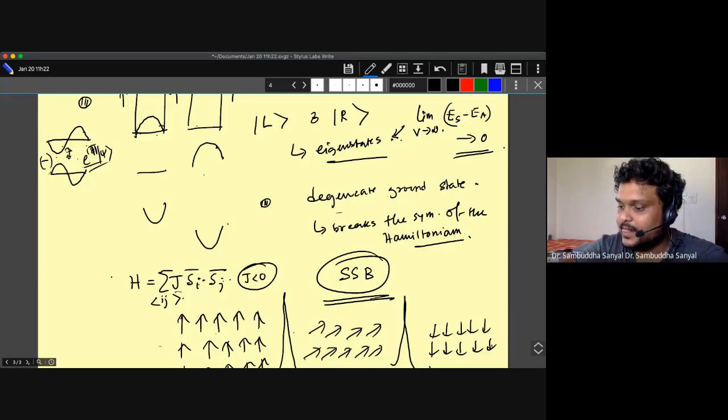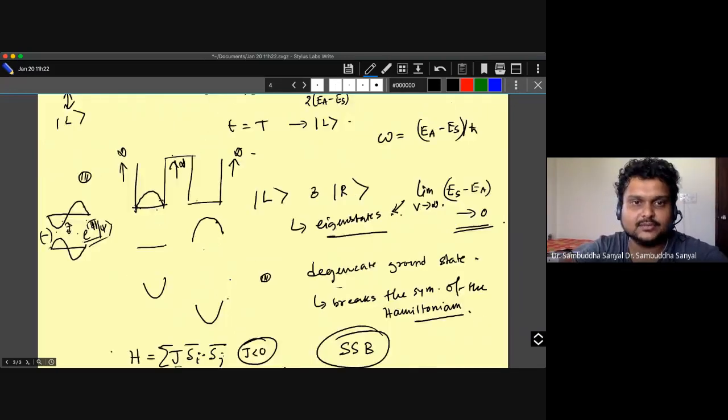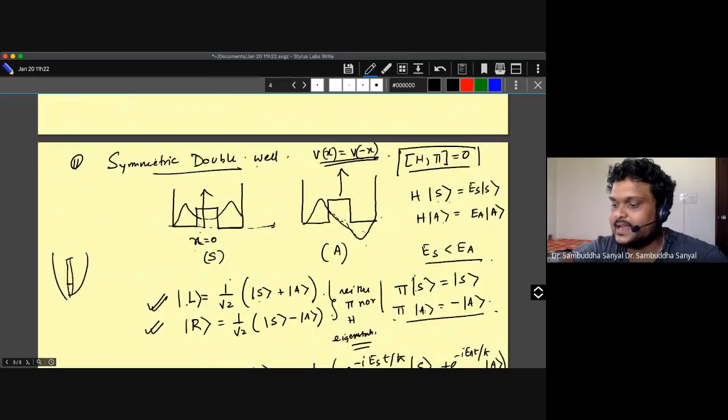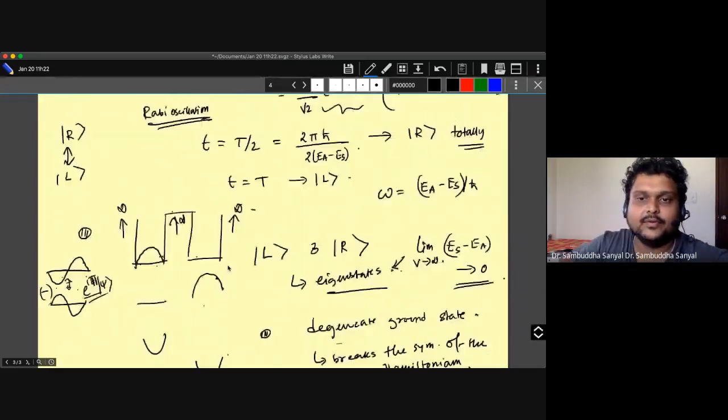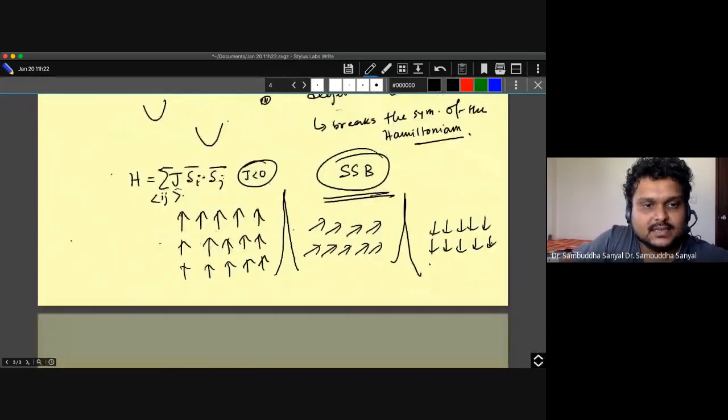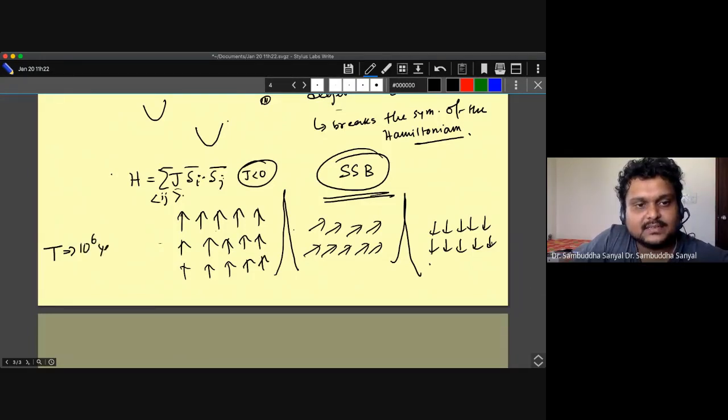For example, in Sakurai they mention sugar and amino acids, which are main building blocks of life. They have 2 types of molecules, R type and L type, which can be understood as this double well. There is an infinite energy barrier between converting an R type to an L type, and if you compute the oscillation period, it is of the order of 10 to the power 6 years.